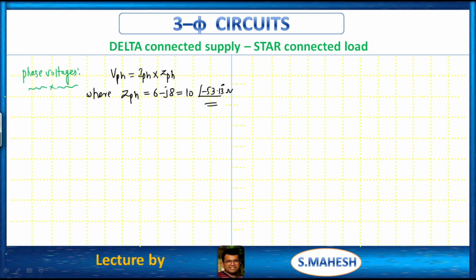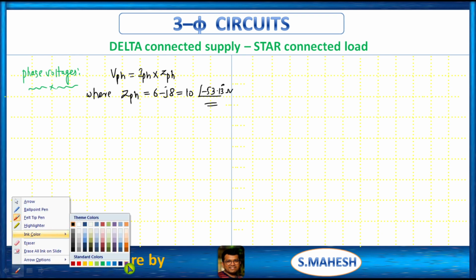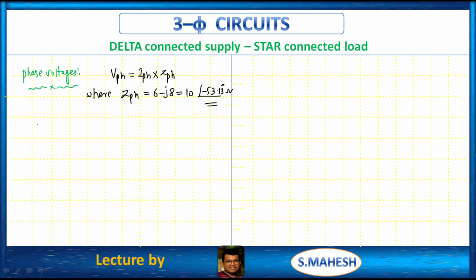That's it. So from this we have to get the phase voltages. In case of star connected load, what is the phase voltage? That is VR, which is equal to 20 at an angle 0 into 10 at an angle minus 53.13, which is equal to 200 at an angle minus 53.13.